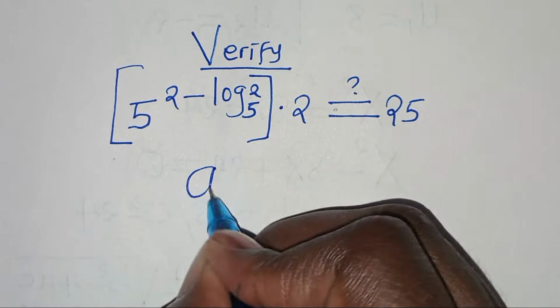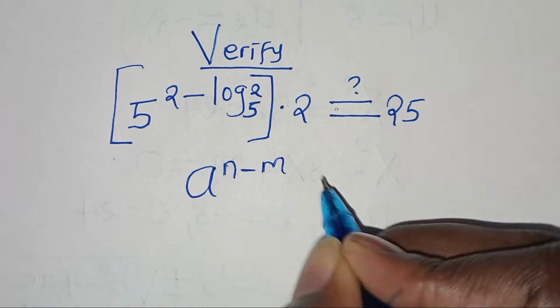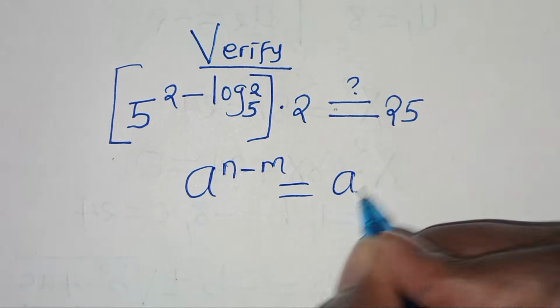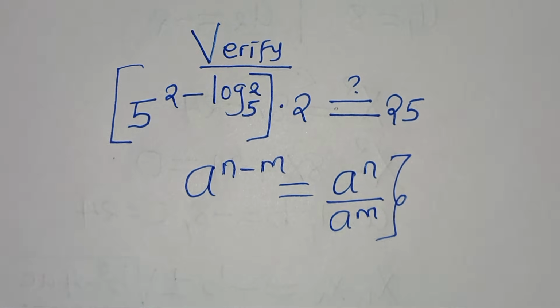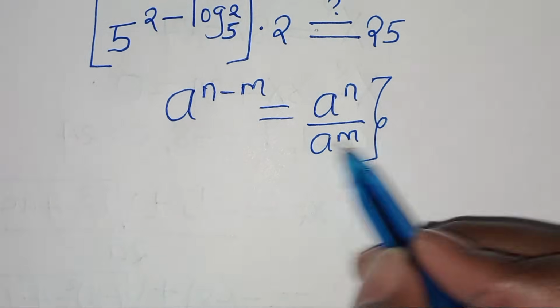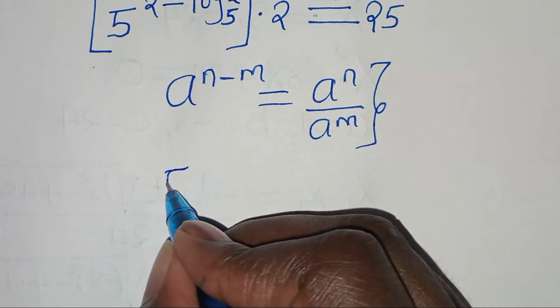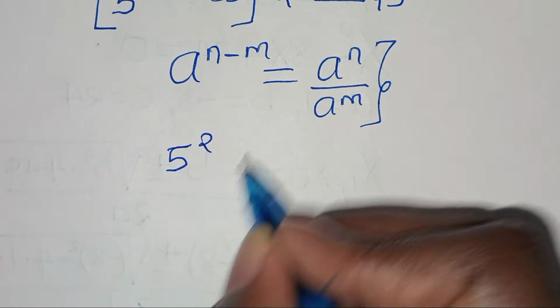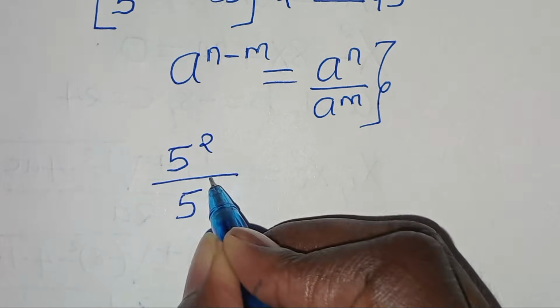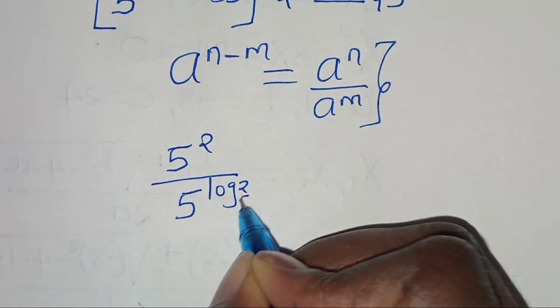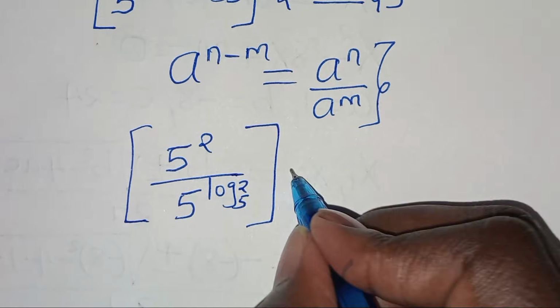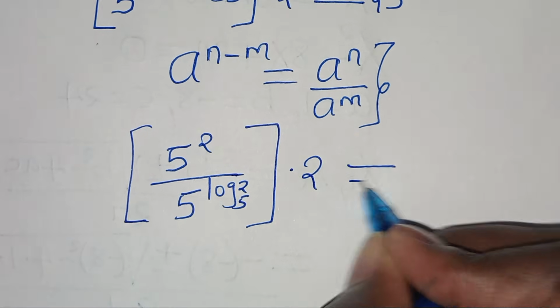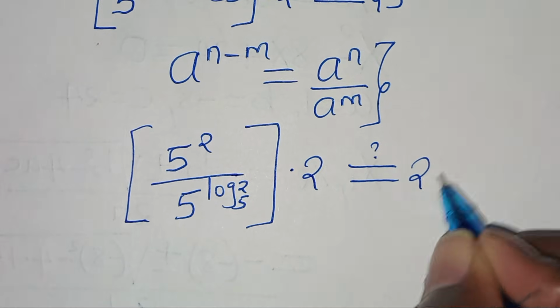This is in the form of a to the power of n minus m, which we can express as a to the power of n divided by a to the power of m. Applying this exponent property, then we have 5 to the power of 2 divided by 5 to the power of log 2 to base 5, everything here multiplying by 2. This should give us a value of 25.